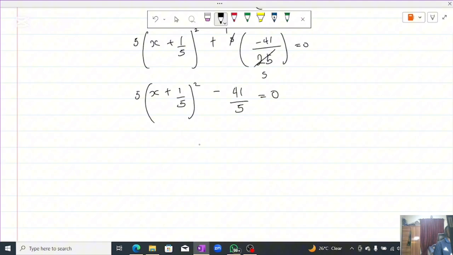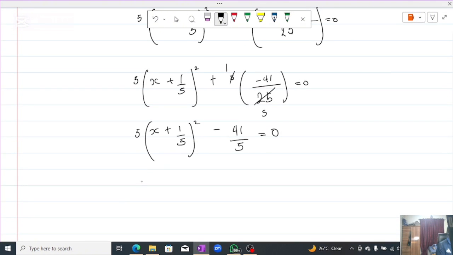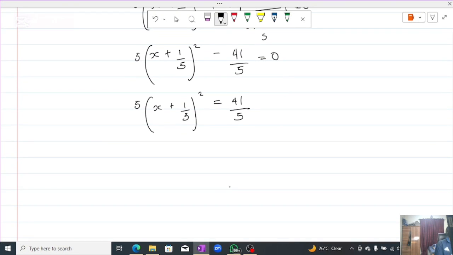So from there, what am I going to do? I have 5(x + 1/5)² = 41/5. Then I can divide both sides by 5, then it will be multiplied by 5 here. So I have (x + 1/5)² = 41/25.